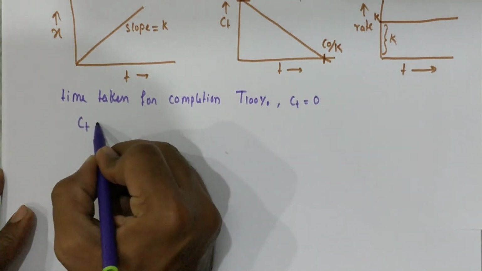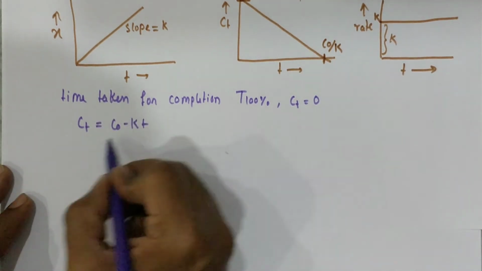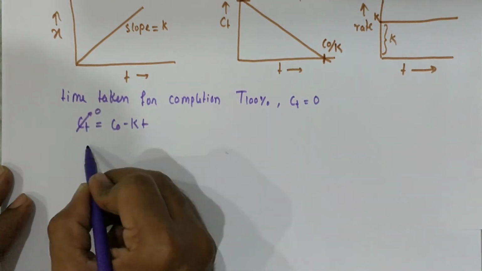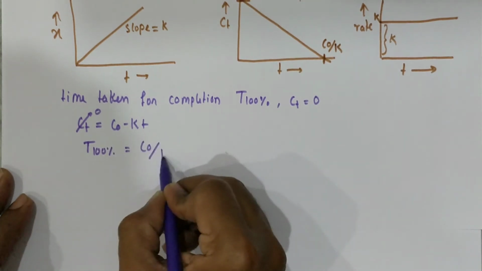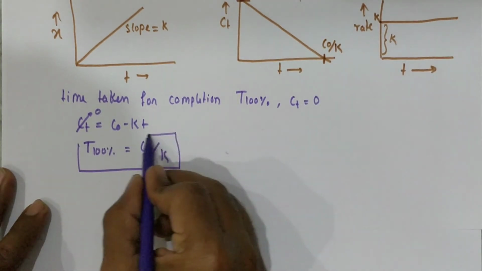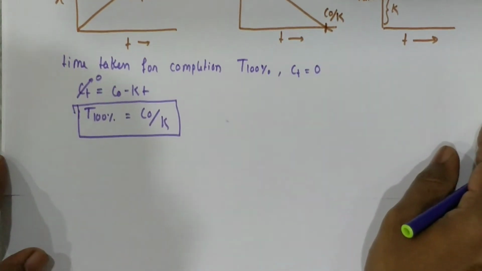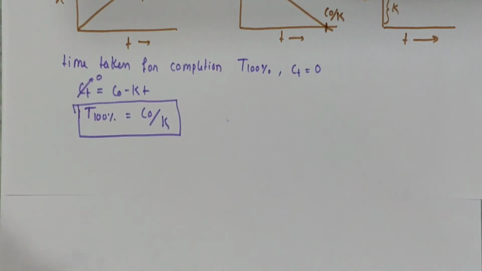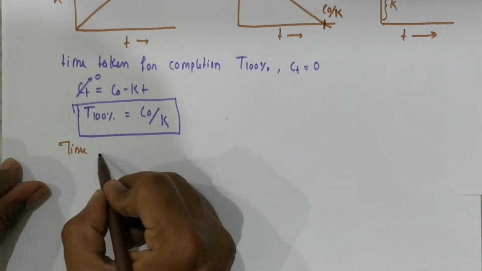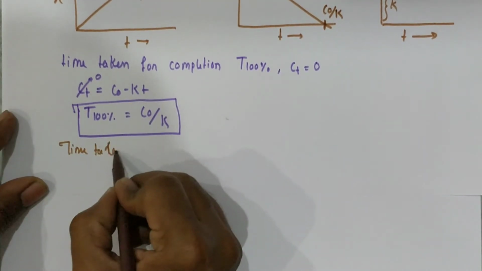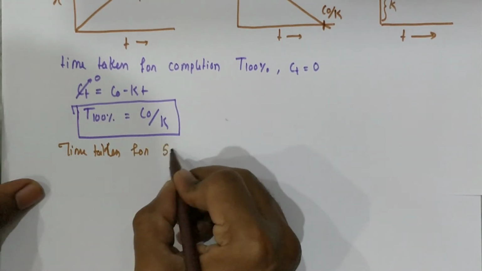So in this equation, Ct equal to C naught minus Kt, this Ct should become equal to 0 and this t will become t 100%, that is C naught upon K. That means in C naught upon K time, the reaction will be 100% complete. Similarly, we can find the time taken for 50% completion.